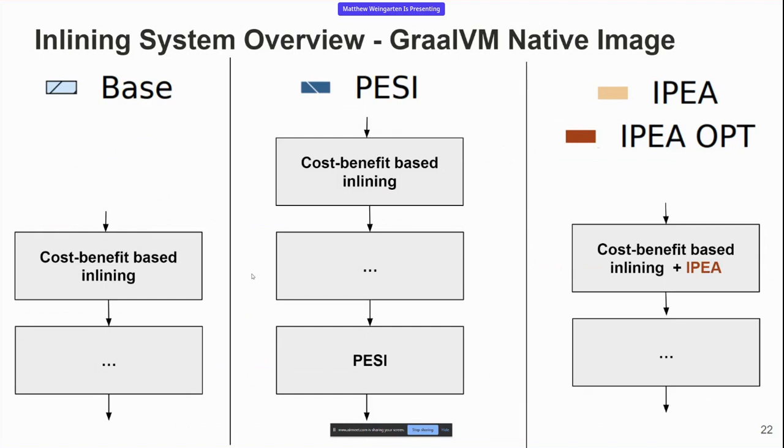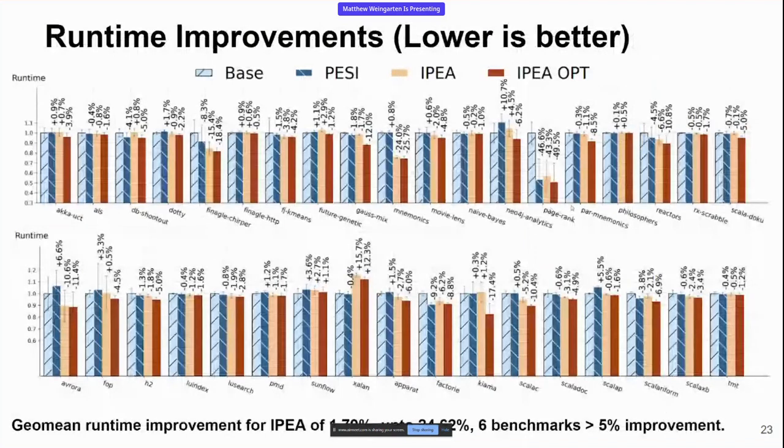This should just show an upper bound for how much performance we can get with our algorithm in this scenario. But the benchmark we should focus on is IPEA itself. So here, this is a lot of information. We don't have to go through everything. I just want to give you the overall runtime improvements of our algorithm. On average, geometric mean, the improvement is like 1.8%.